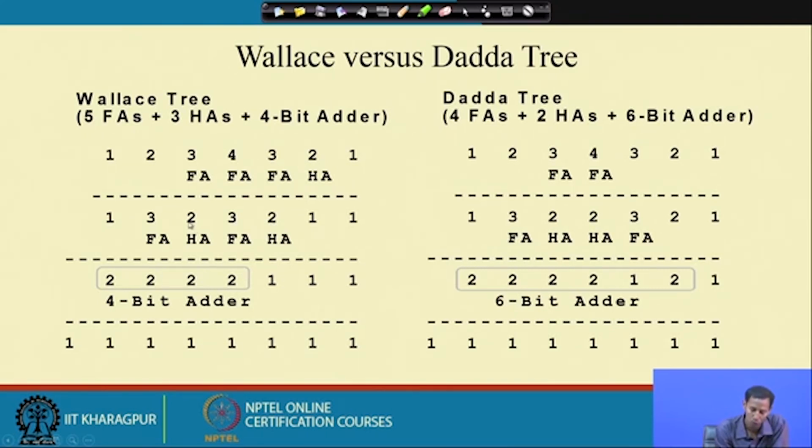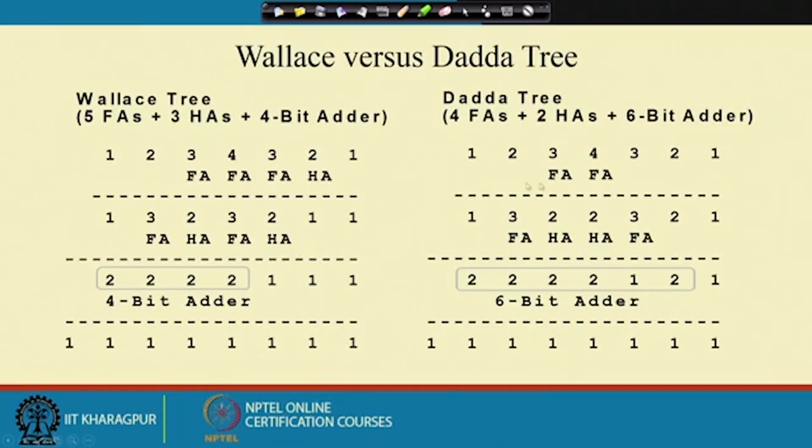So, again 2 is consumed, produce 1, and 1 from this particular carry. So, that is 2. 3 consumed by full adder, produce 1 output, and carry from this particular level. Initially there was 1 and the carry from this particular level will affect the next stage, so that will become 2. So, those 1 1 1 come directly to the products, but for these 2 I need one 4-bit carry propagate adder. Okay. So, this is the Wallace tree method.